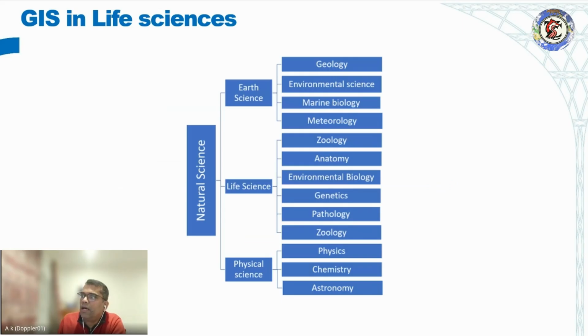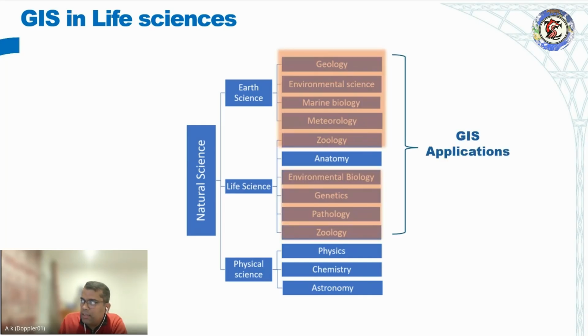So if you go to life science, you will see this is a broad category of life science. From my knowledge so far, these are the fields where GIS is directly used. I 100% know that GIS is used in pretty much all these fields.